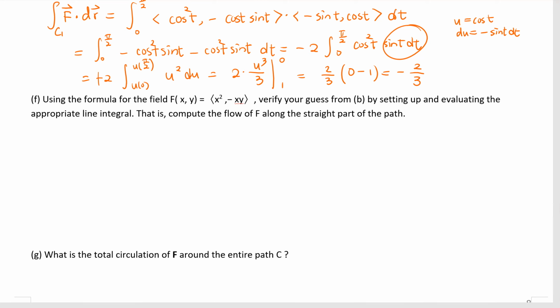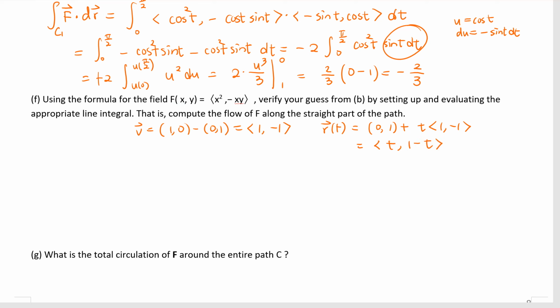What is the direction? V is the final point 1, 0 minus 0, 1. That is 1, negative 1. Then the parameterization is the initial point 0, 1 plus t times this direction vector 1, negative 1. So we have t and then 1 minus t.